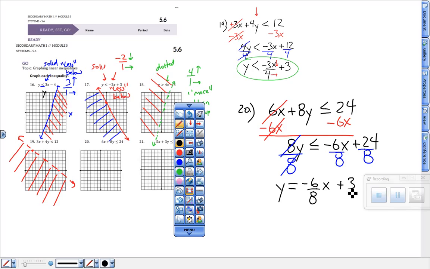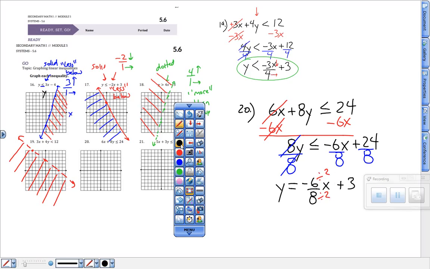But this 6 over 8, we don't really want you to go all the way over 8 down 6. We want you to reduce it down to an equivalent fraction that's smaller. So reducing it means dividing top and bottom by the same number. How about a 2?